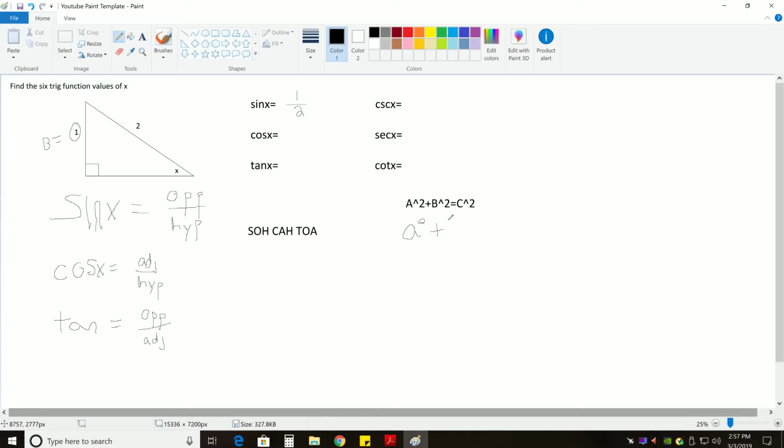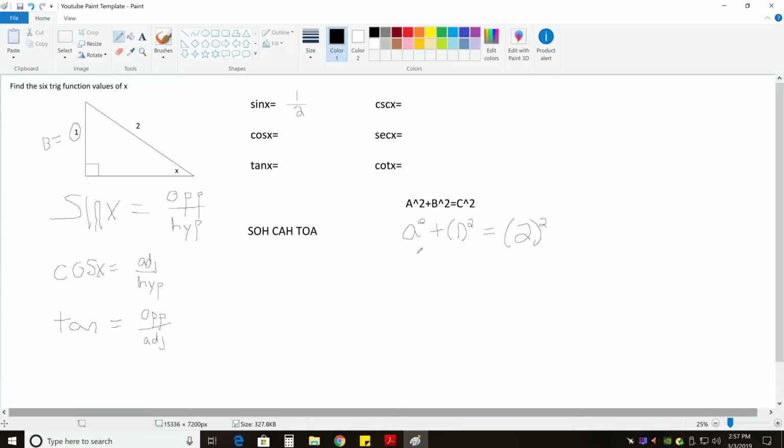So b squared is the same thing as 1 squared. And that's all going to be equal to the hypotenuse squared, which is 2 squared for our c squared. And now we just have to solve for a.